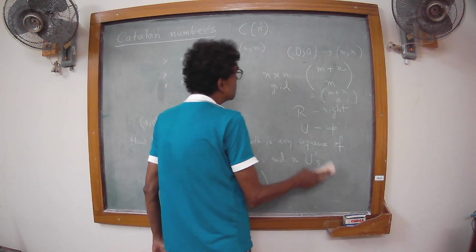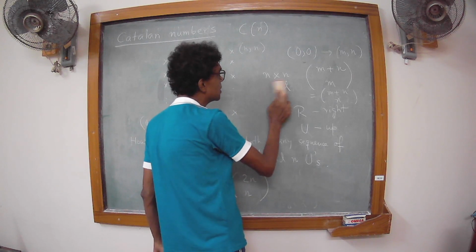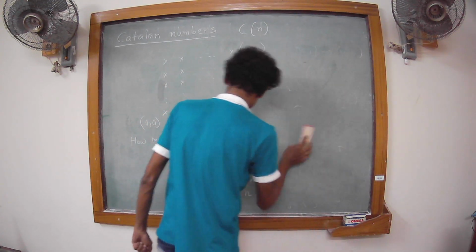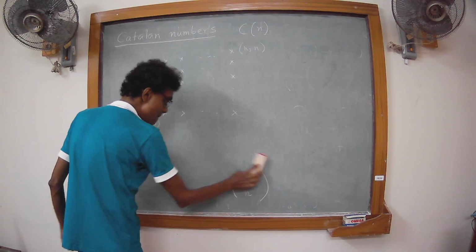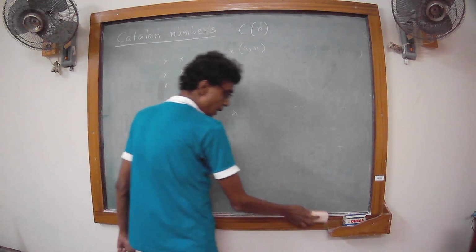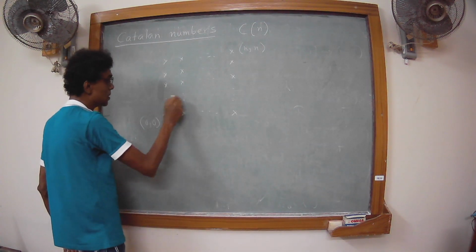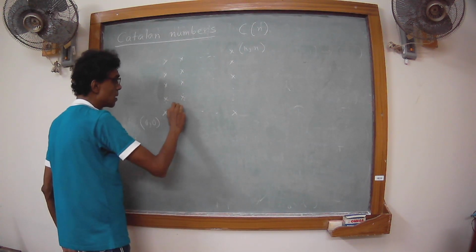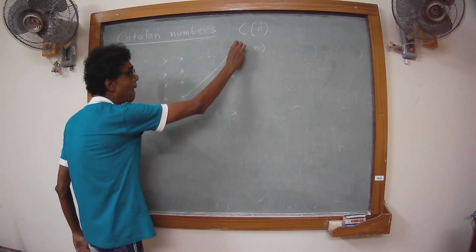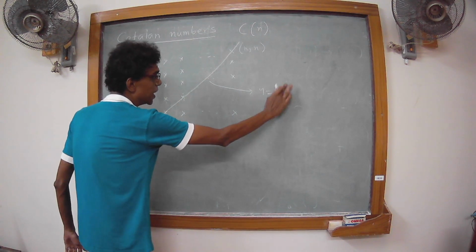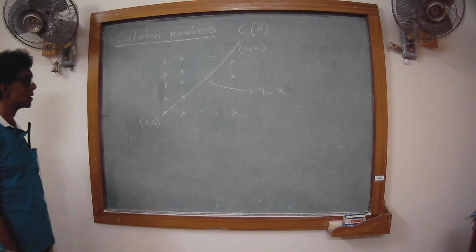So the Catalan number asks a very related question. Again, it asks how many paths there are, but now you look at the line y equal to x.